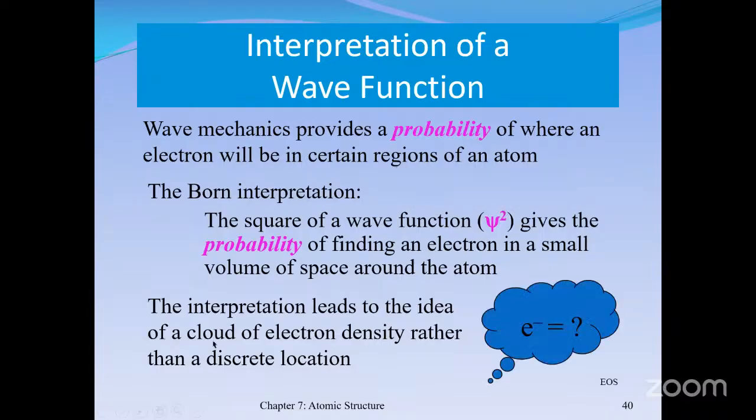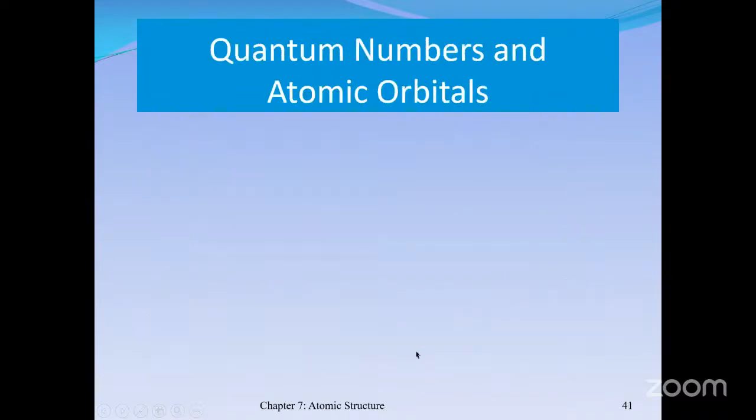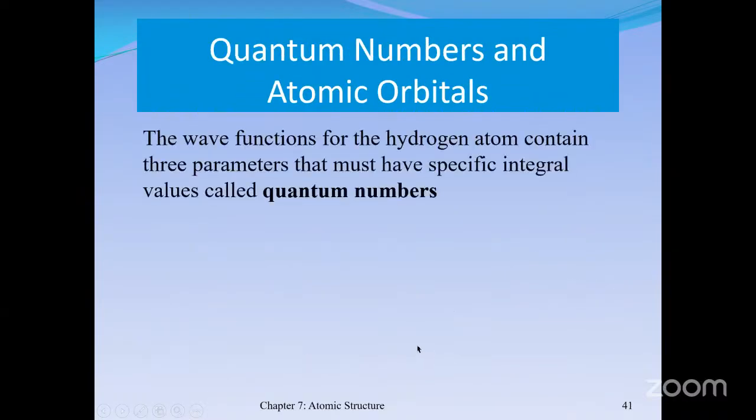So as stated here, the result of this interpretation leads to the idea of what is often referred to as an electron cloud, which is basically the same thing as an orbital, instead of trying to locate exactly where the electron is, because that is impossible.